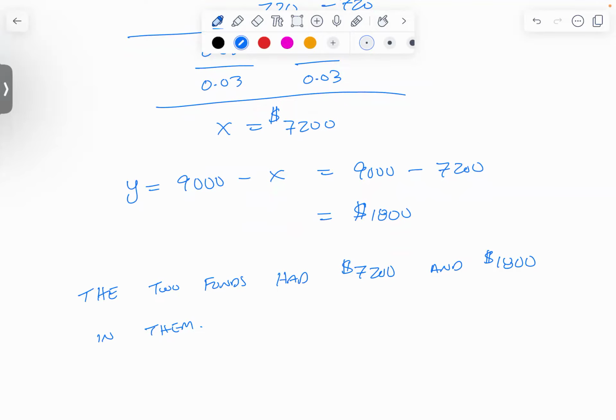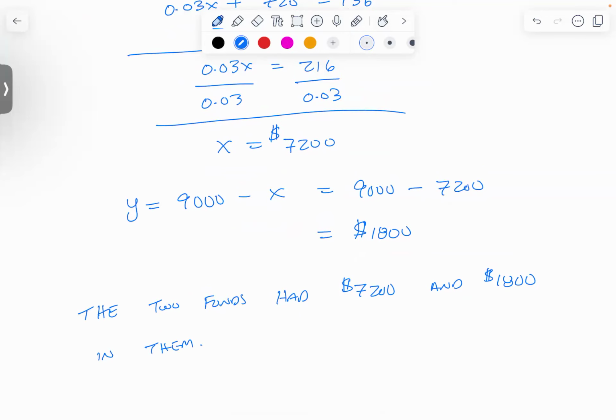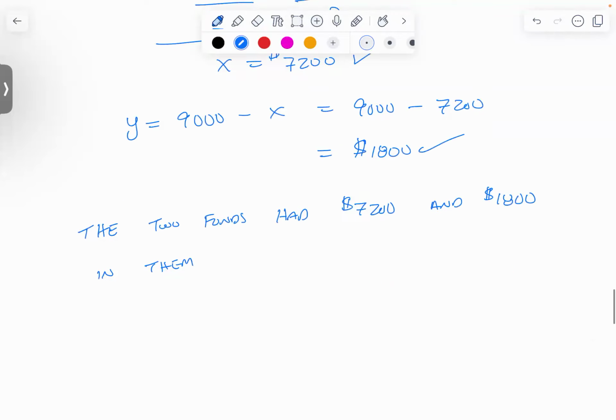Again, nice to end with a sentence. All right. I like that as a nice finishing touch, but absolutely those values, all right, are the absolute part that we need to make sure that we have.